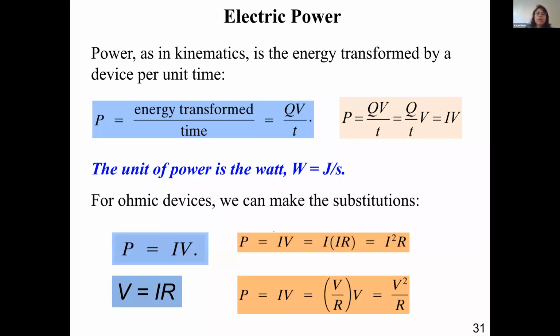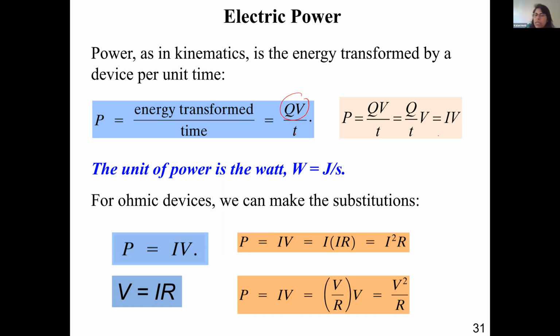Okay, so now electric power. You remember that power we defined in your lecture number 2 or 3 as energy per unit time. But here we can define the same way, but for the electricity part. The power in the electricity part, energy is Q times V divided by time.